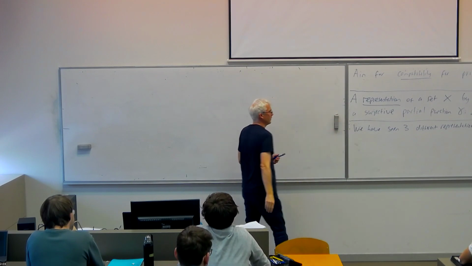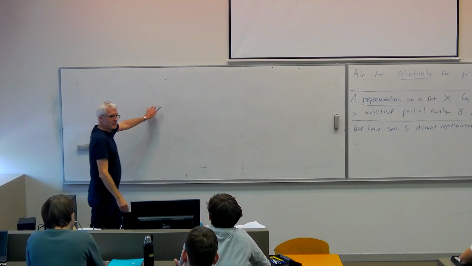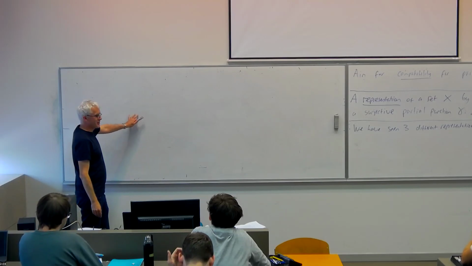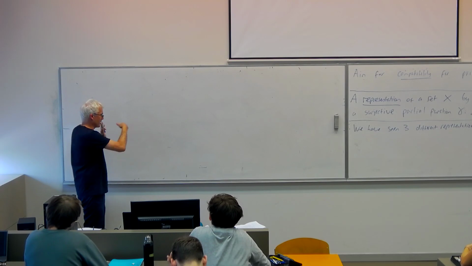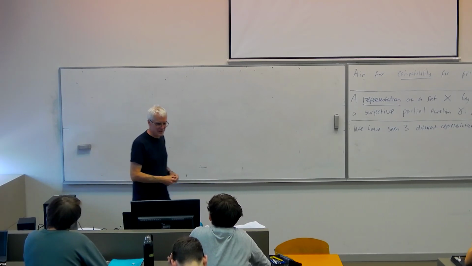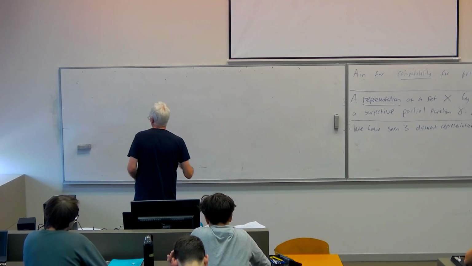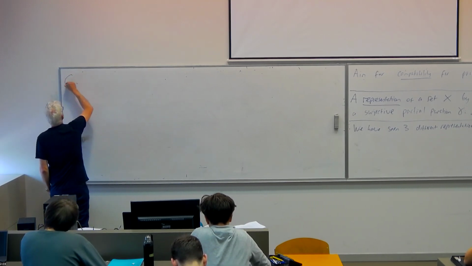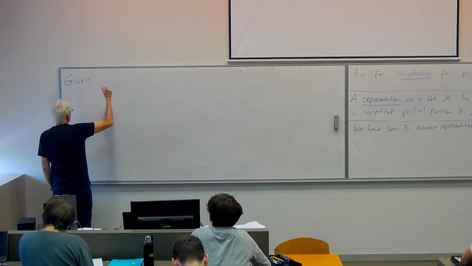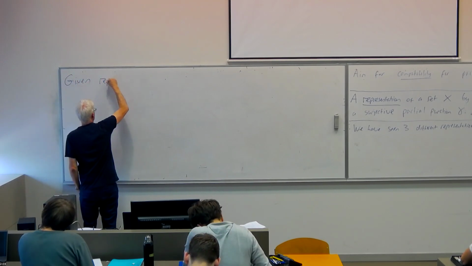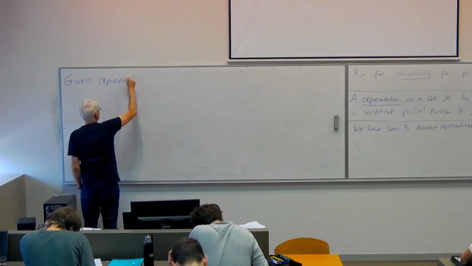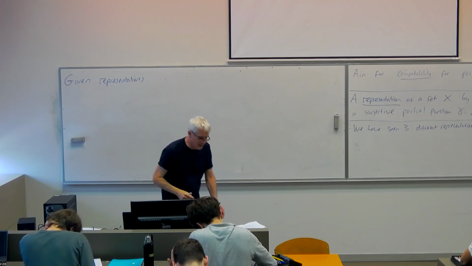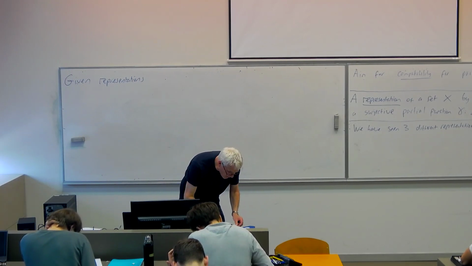Although I rubbed it off, it's going to be very similar to what I just had here. But I rubbed it off because changing it was going to end up looking very messy. So, given represented sets, or let's just say representations, and again, I want to be consistent notationally with the notes.